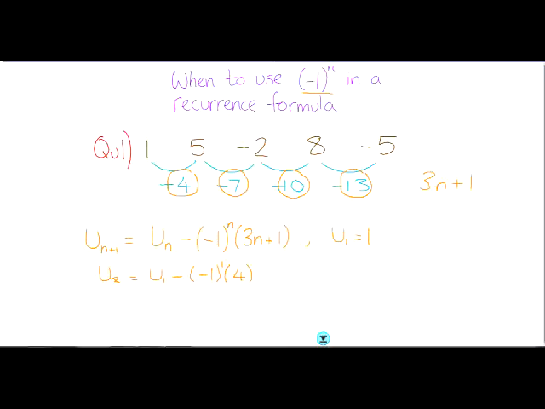So everything follows BIDMAS, remember, so we've got to do this bit first. Indices first. So -1 to the power of 1, well that's -1. -1 times 4 is -4. Oh, and I'm sorry, u1 is 1 there. So the second term should be 1 minus -4. So 1 minus -4 is +4, which is 5. And that's exactly what we have.